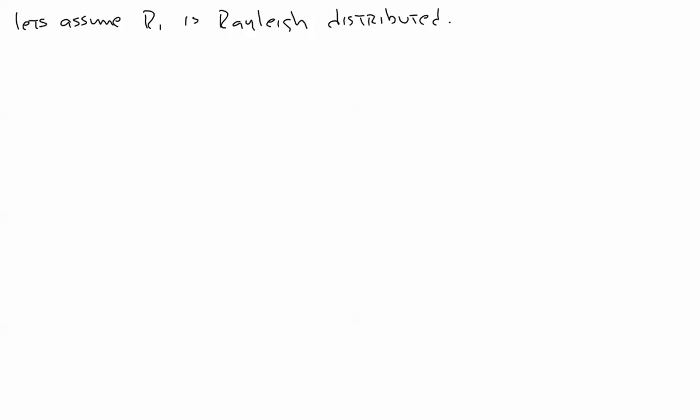It's almost 100% likely that no resistor manufacturer produces resistors that are Rayleigh distributed. More than likely, they are uniformly distributed about the mean value. So if you go down to Radio Shack and buy a 1 kilo-ohm resistor, it's probably a mean value of 1 kilo-ohm plus or minus some uncertainty that's uniformly distributed around 1 kilo-ohm. I'm just going to pretend that it's Rayleigh distributed to give us an unusual, interesting result to discuss later.